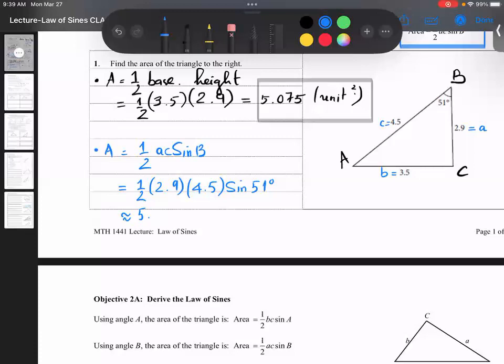I got 5.071. Thank you, everybody. If you get it wrong, good for you too. Next time you won't get it wrong. I want you to get it wrong with me, not on the exam. Square units. Have a habit of writing units so you don't lose silly points.